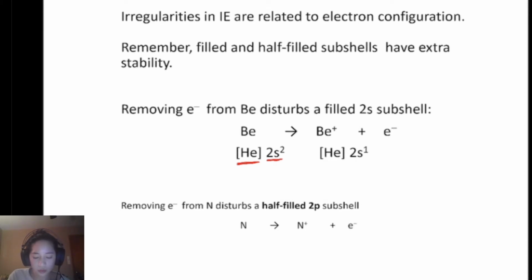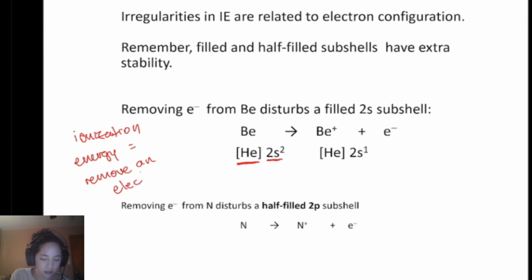Remember, ionization energy is the energy to remove an electron. If we want to remove an electron, we're not going to remove it from the helium core, those are the inner shells.